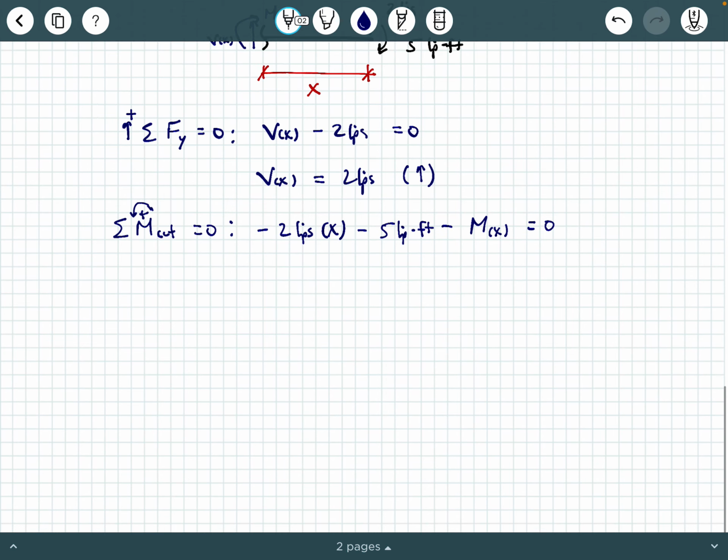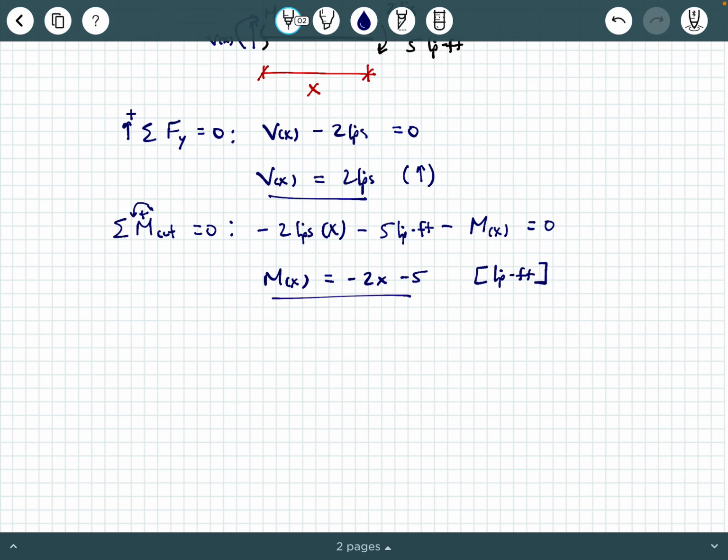Doing some simple rearranging, I get M as a function of x equals negative 2x minus 5, and that collectively carries units of kip feet. And these are my answers for part B.